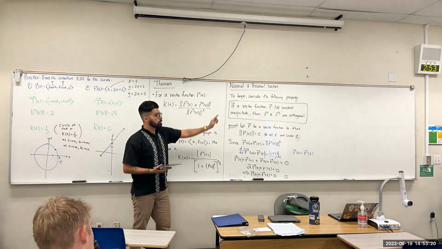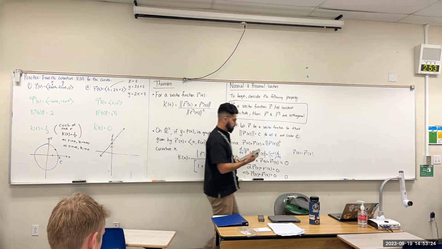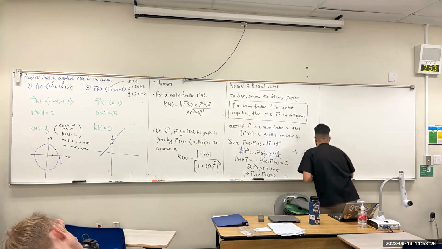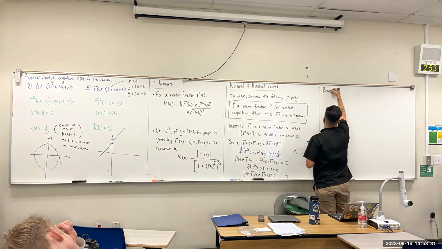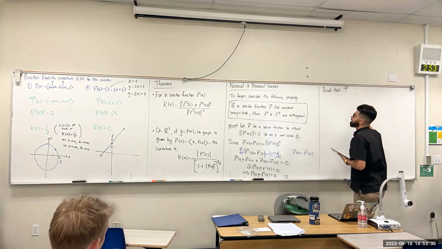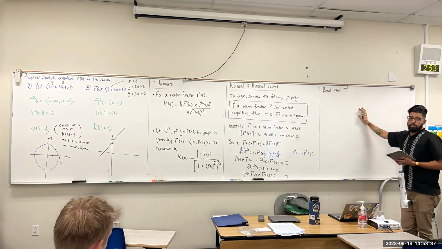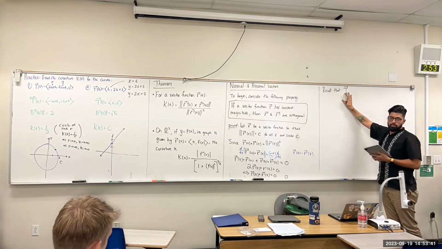Okay, but we're going to use this property. So recall that T, what kind of vector is it? What's the name of it? Unit tangent vector.